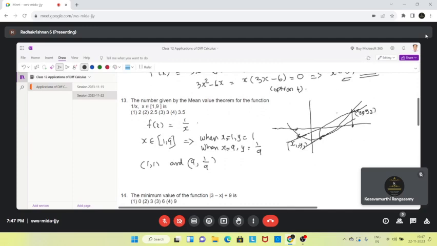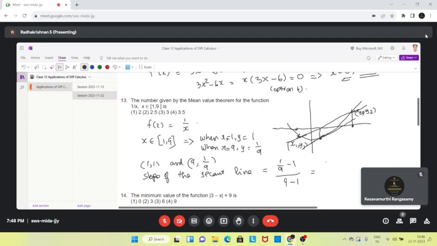So now next what you find out is the slope of the line connecting these two. It is called a secant line, okay? The line connecting these 2 points. So what is the slope of the secant line? It is equal to y2 minus y1 divided by x2 minus x1.